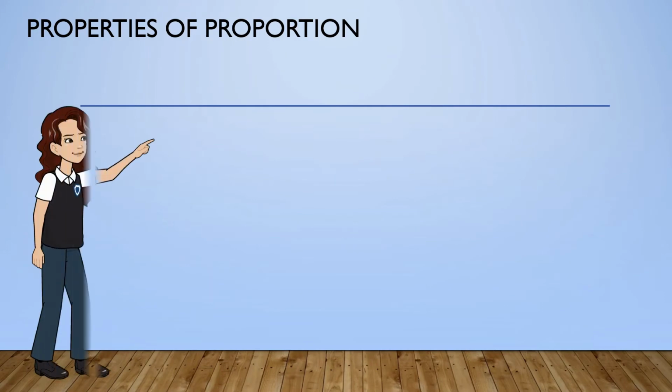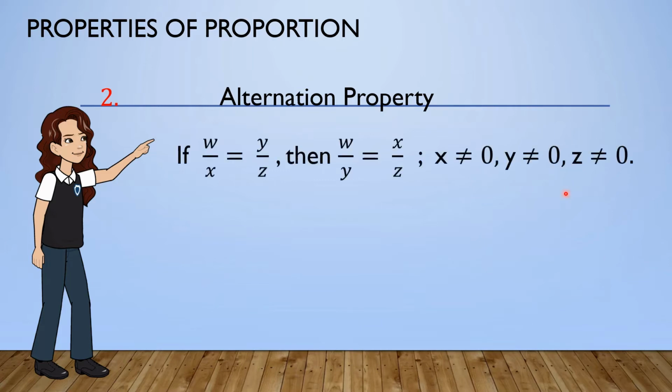Okay, the next property, and we call that alternation property. If W over X is equal to Y over Z, then W over Y is equal to X over Z. So look at this.